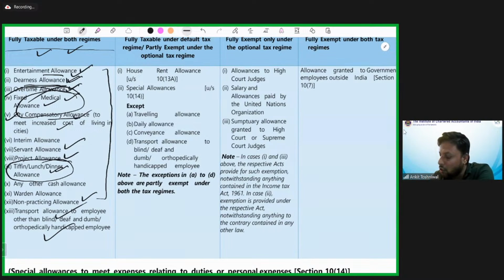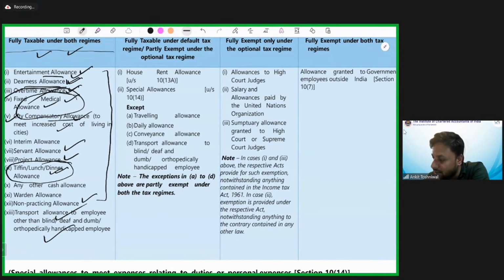Now coming towards the fully exempted allowance under both the regimes, and we already discussed that. Any allowance to a citizen of India rendering services outside India and appointed by the central government of India.